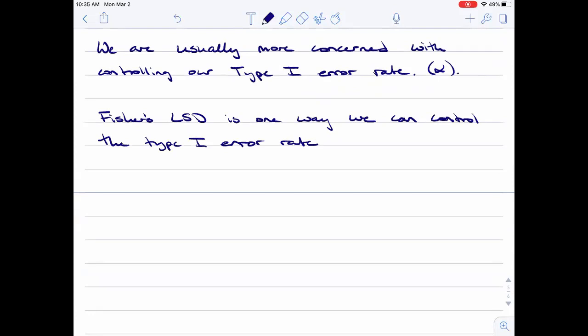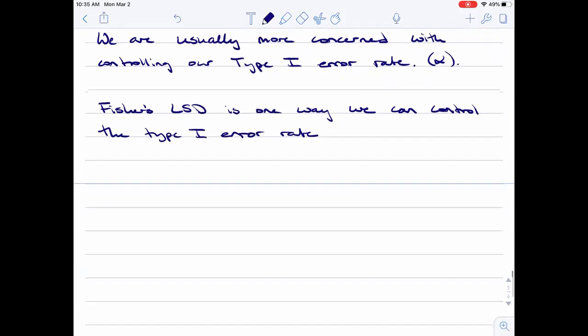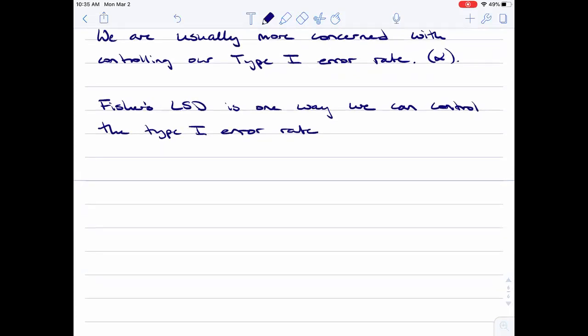As soon as we're doing multiple comparisons, because every time that you run this test, you expose yourself to potential false positives, right? So you're finding a significant result when there actually isn't one. And that would be bad.